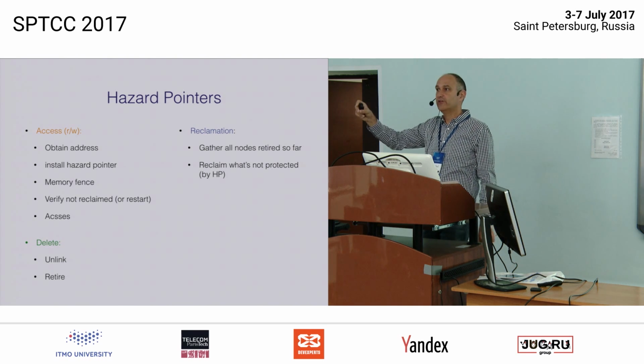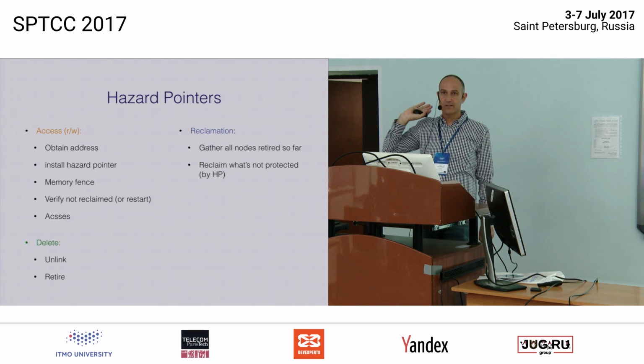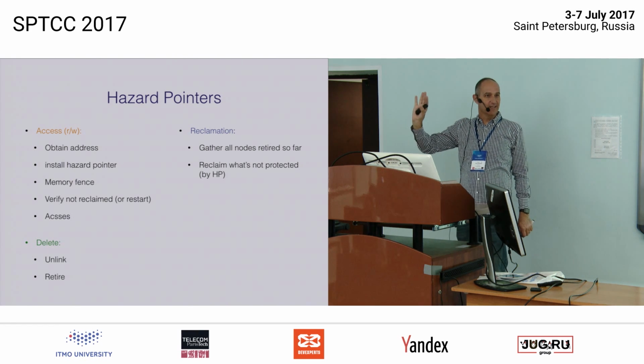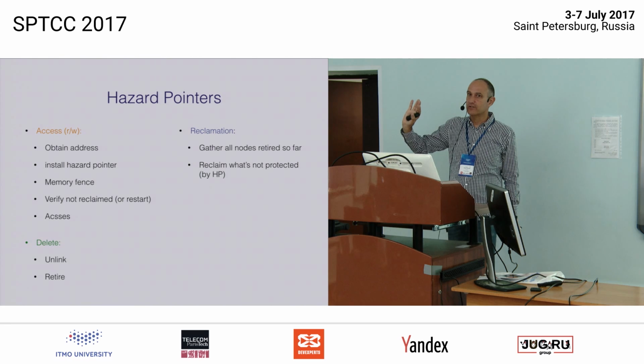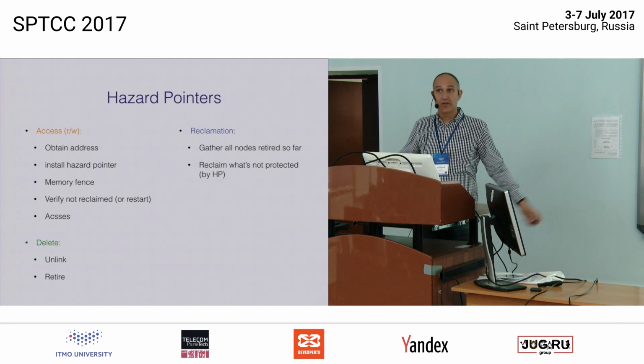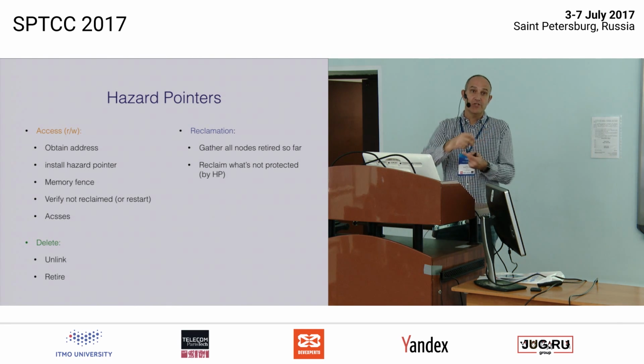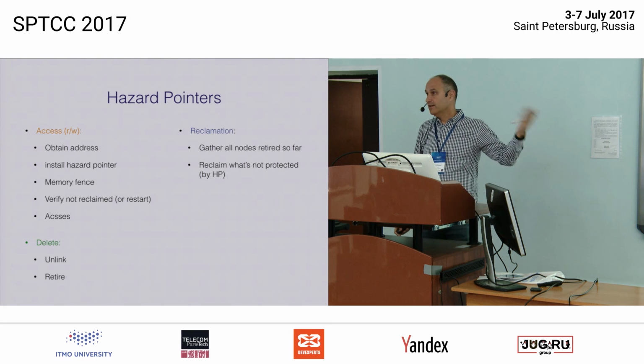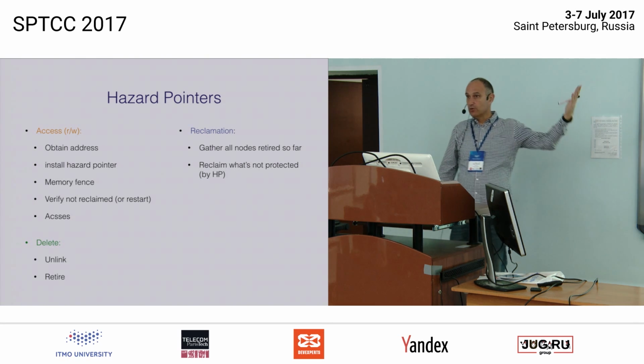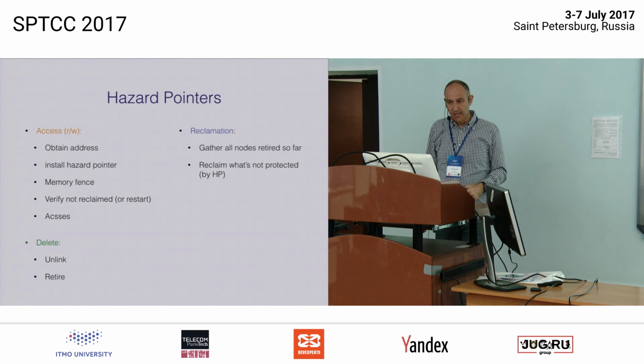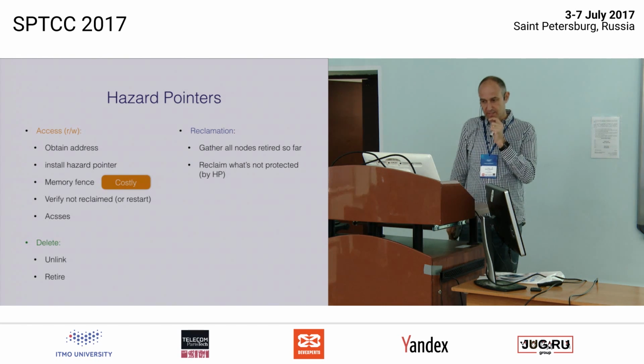This is very costly. This is going to be the thing that will kill this method in practice, will make it too inefficient. Of course, if you have a hash function where you just touch the object, there's one memory fence, and this is not as bad. It may be as good as epochs. Okay, so this is really costly.